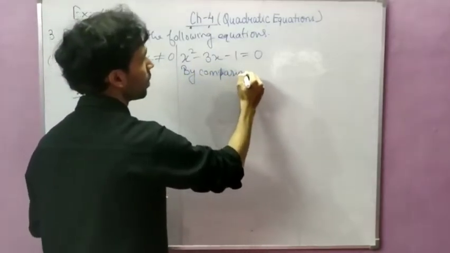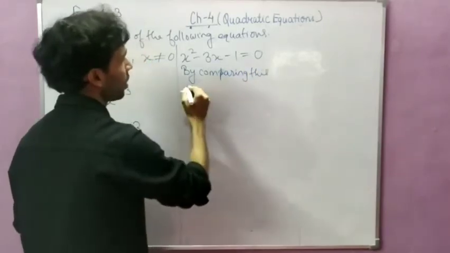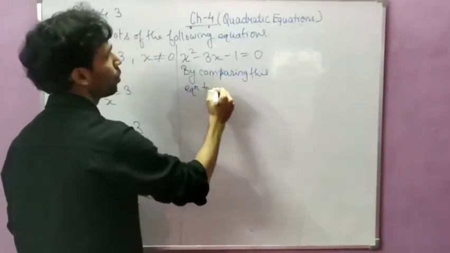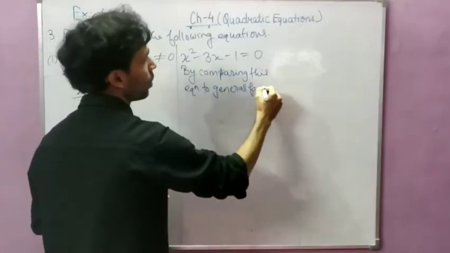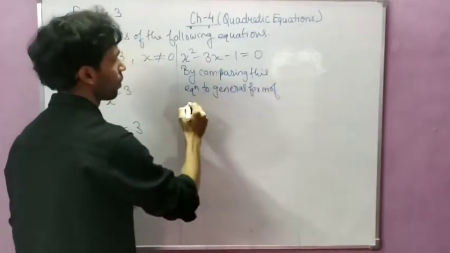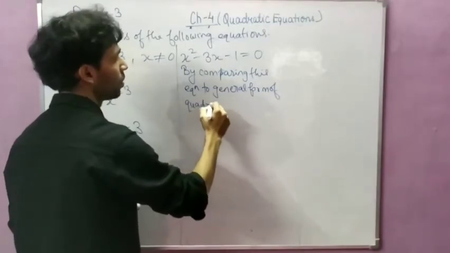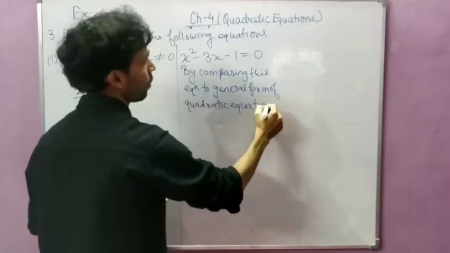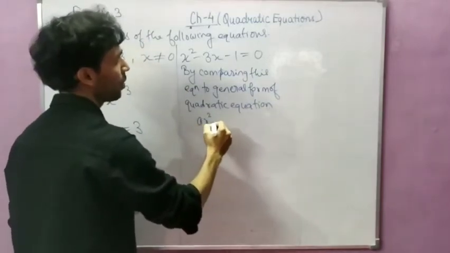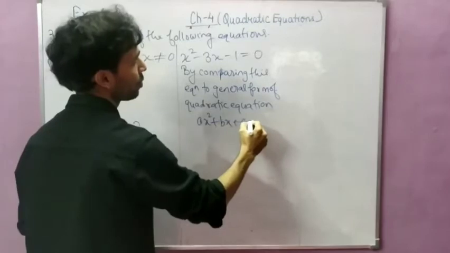By comparing this equation to the general form of the quadratic equation, what is the general form? ax square plus bx plus c equal to 0.